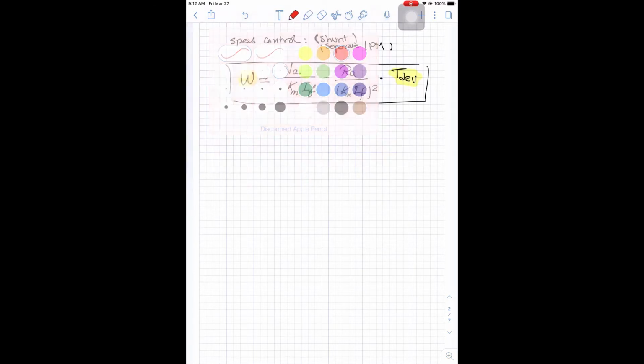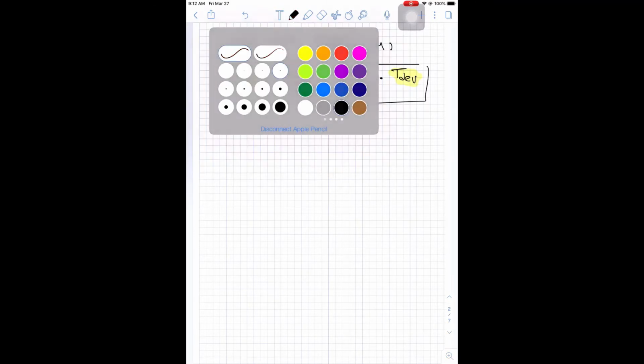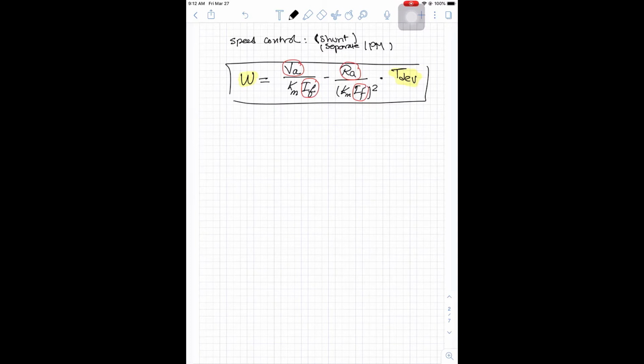Now, to do speed control, we said that we have three variables that we can change. We can change VA, or we can change RA, or we can change the value of IF. So we have three types of control, but these three methods can be classified into two categories. The first one is armature control, where you do the control from the armature, and the second one is field control.